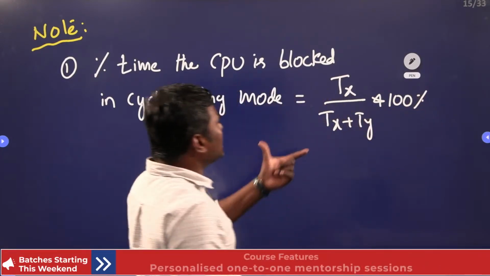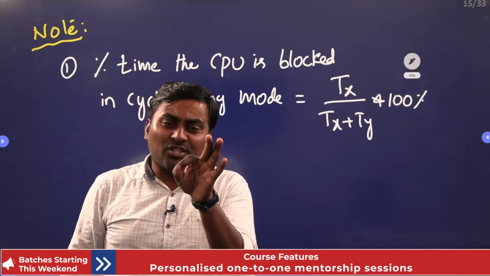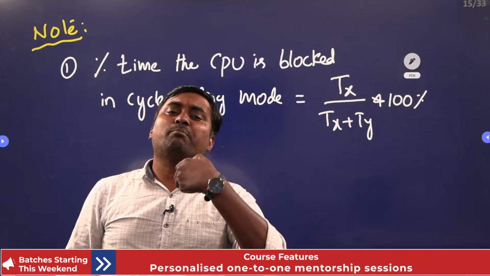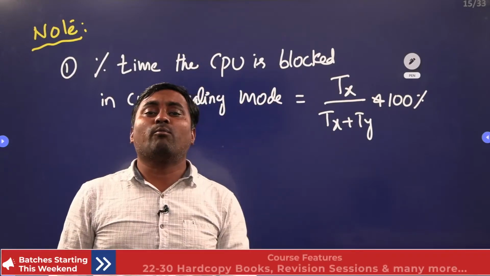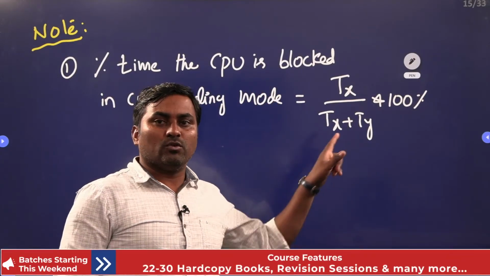What is this expression giving? What percentage of the time the CPU gets blocked in cycle stealing mode because of the DMA transfer? That I want to know.